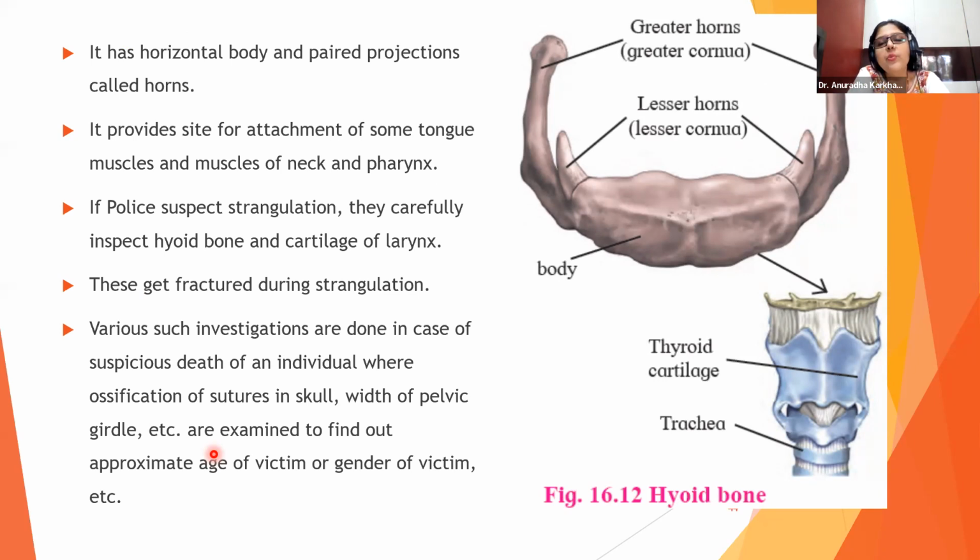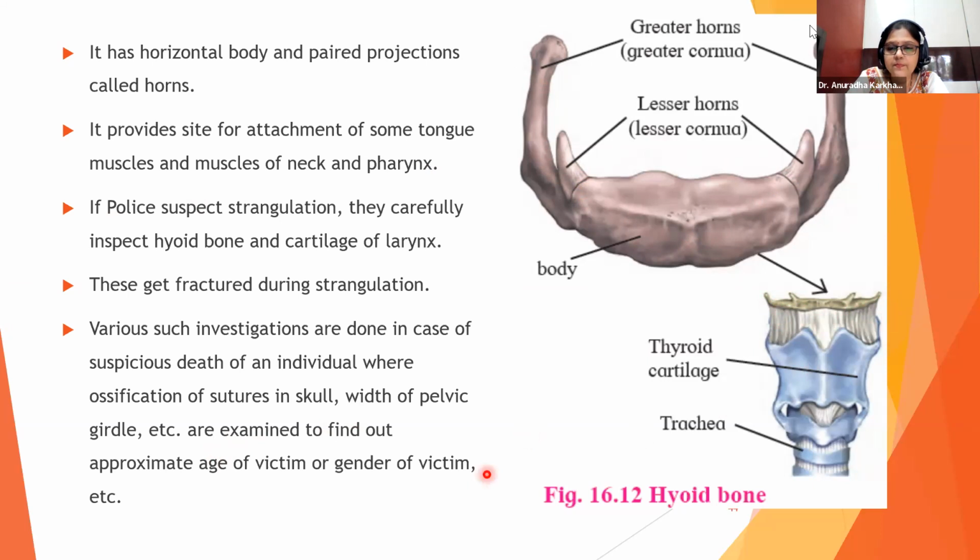It is going to be present between the mandible and the larynx. It looks like this, the one you can see on your screen. And here also you can see very clearly how it looks. Look, this is going to be your hyoid bone. Okay? Understood? I'm going to talk more on that.